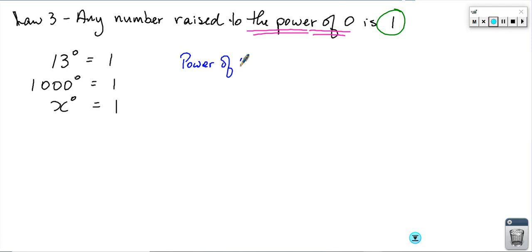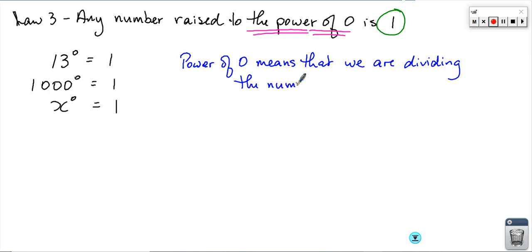Power of 0 means that we are dividing the number by itself. And when we divide the number by itself, the answer, of course, is always 1. So if I have 5 to the power of 0, that means I am dividing 5 by 5. And dividing 5 by 5 is 1.